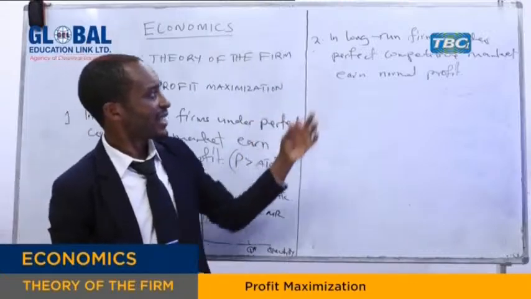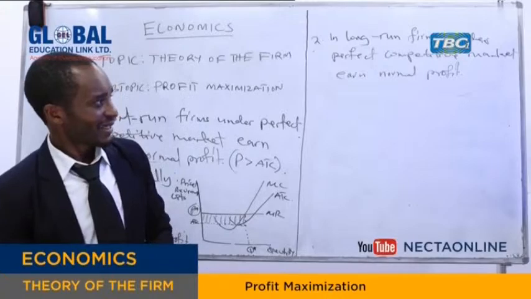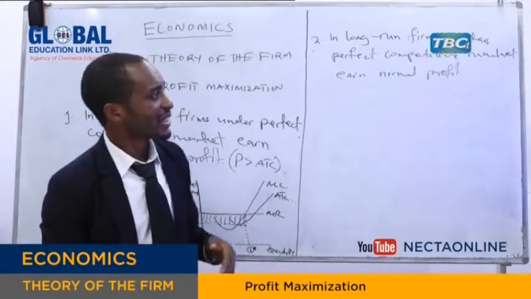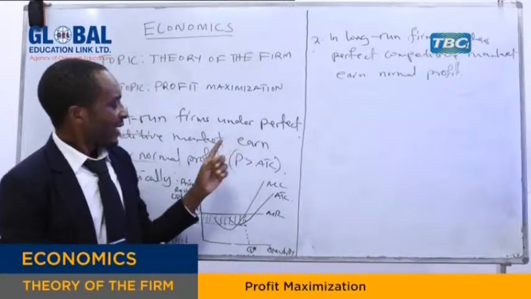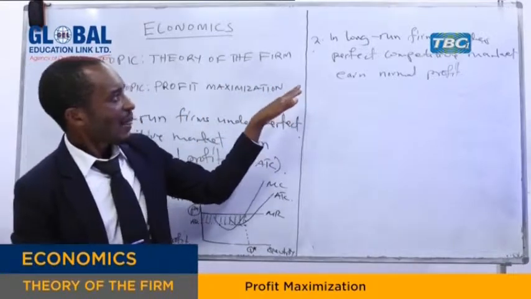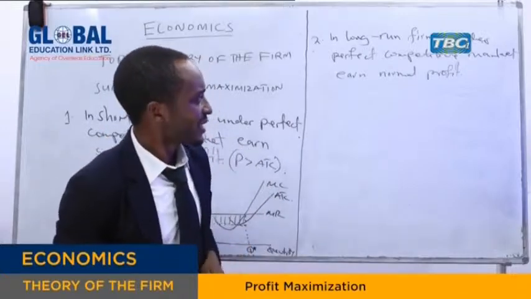Now if they join the industry, it will increase the supply of goods and services. If the supply of goods and services increases, the price will decrease. The new firms will keep joining the industry, then the price will be declining since the supply is increasing.